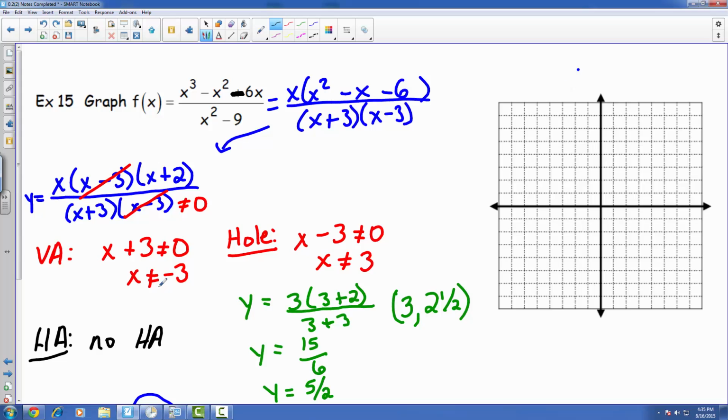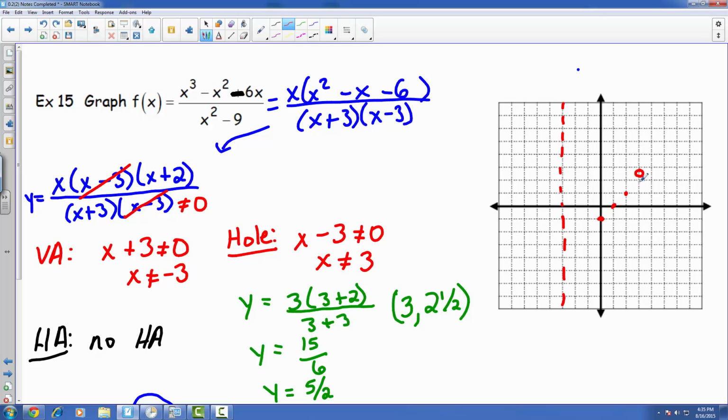Let's go ahead though and graph everything that we have on our own graph. So we have our vertical asymptote at -3. We have our hole at 3, 2 1/2. And then we also have that slant asymptote at the y-intercept being -1 and that slope of 1.